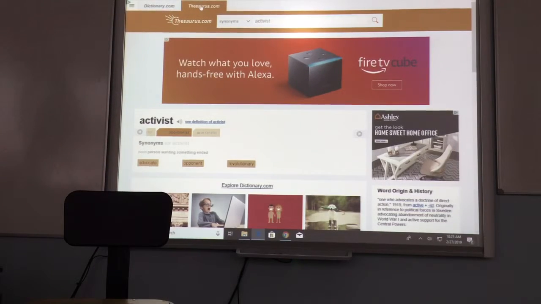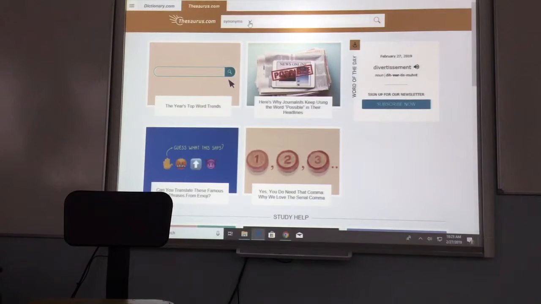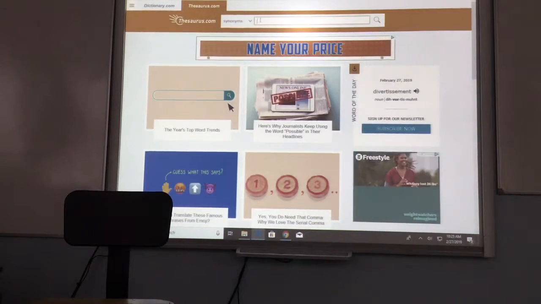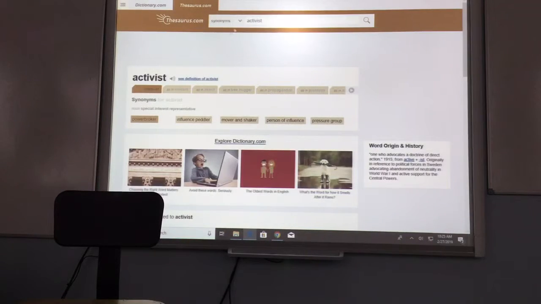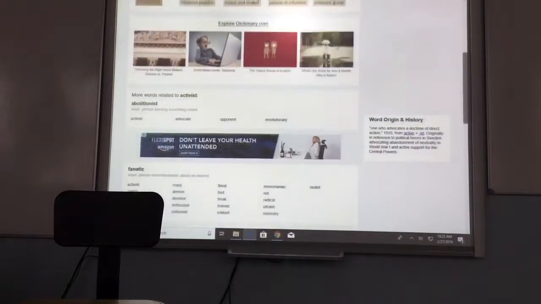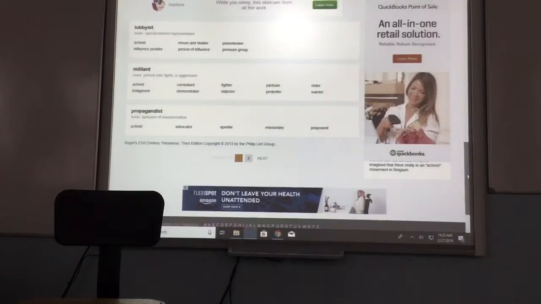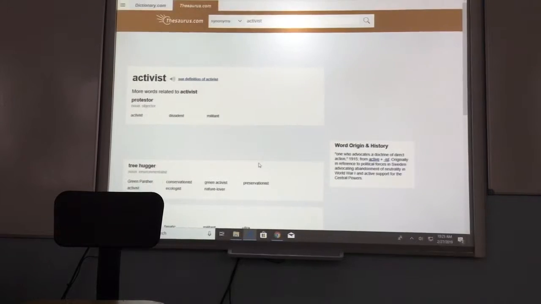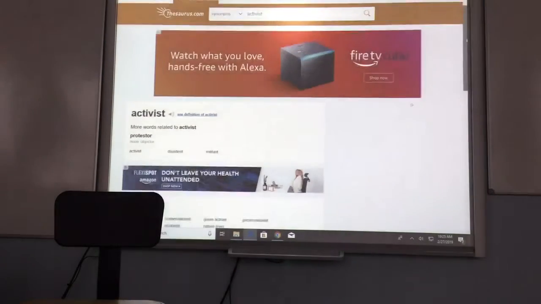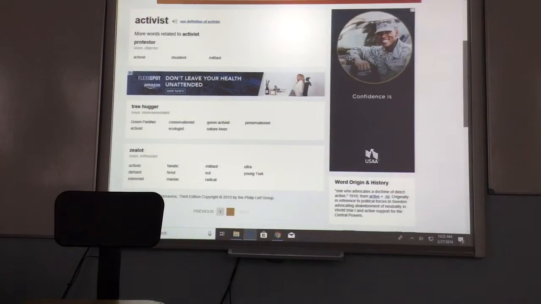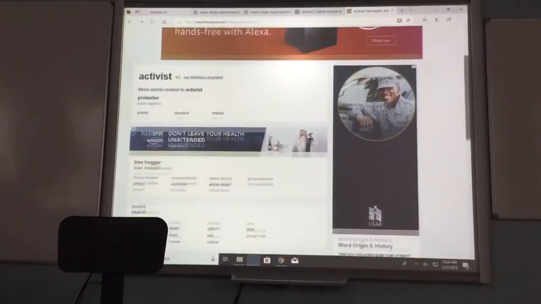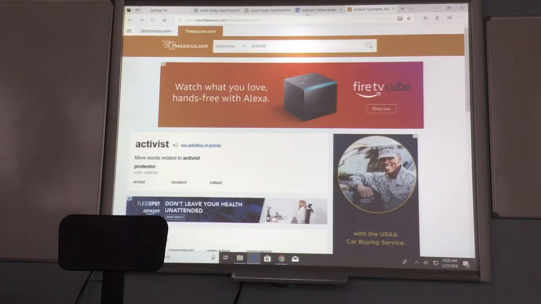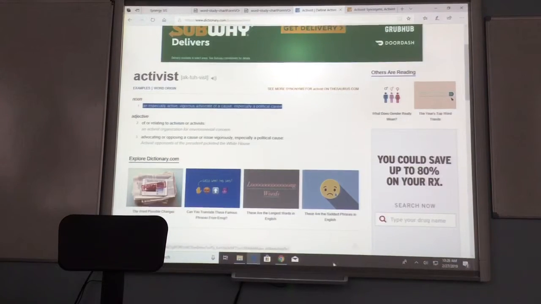Let me click here. Usually antonyms are there too. Activist. Synonyms. I have to scroll down. Next page. Here's another one, protester. And it's really not giving me any antonyms, so I'm going to have to come up with my own, okay?